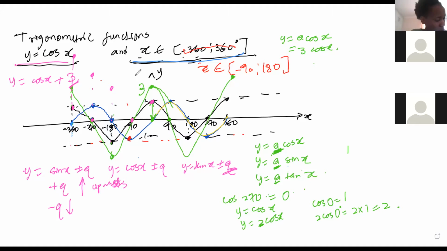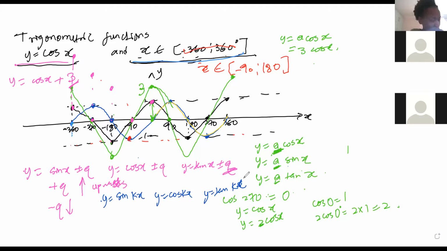Then the other scenario is, let me change the pen. When you've got y equals sine kx, y equals cos kx, y equals tan kx, it doesn't matter which one, whether it's a tangent or a sine or a cos, they do the same thing.